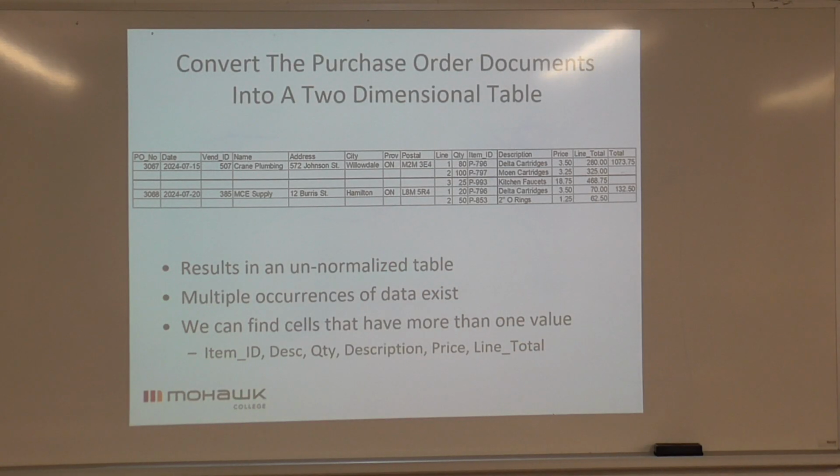So what do we do under first normal form? We fill out the table and remove the calculated values. The calculated values are line total and total. We eliminate them.